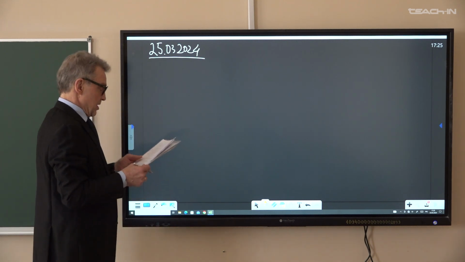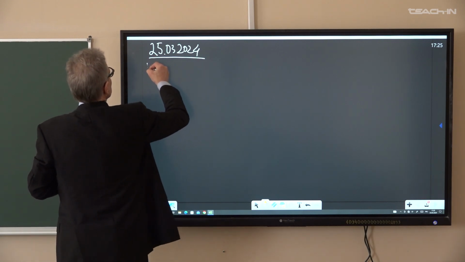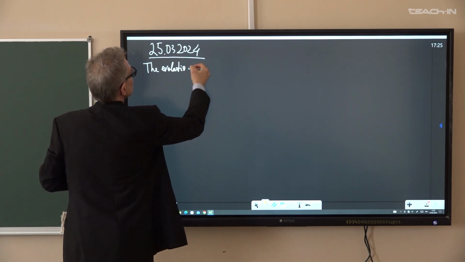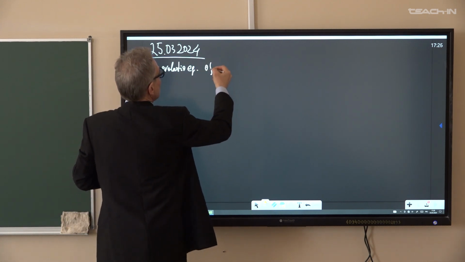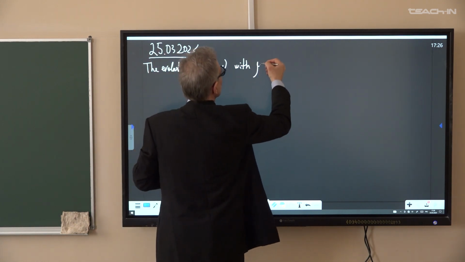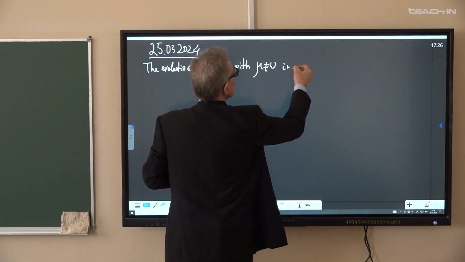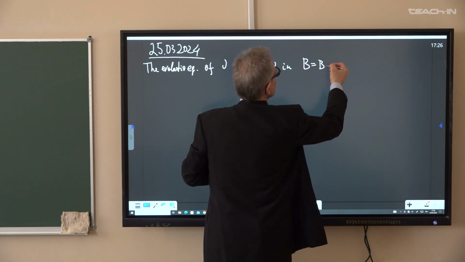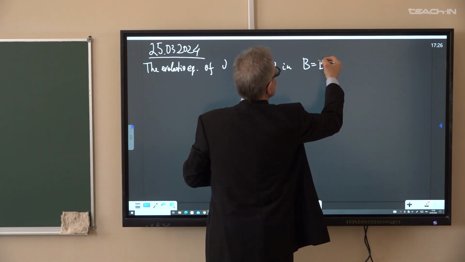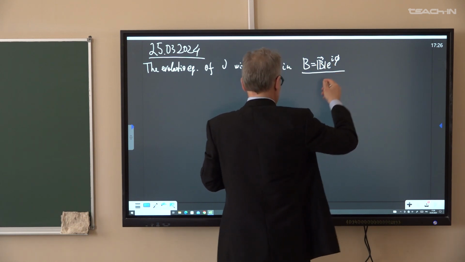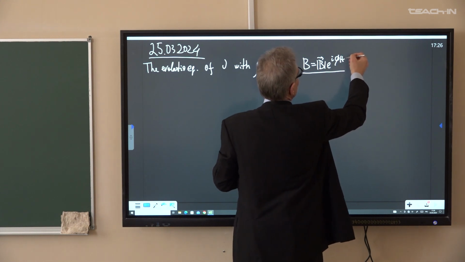for this particular case. So, the evolution equation of neutrinos with non-zero magnetic moment in twisting magnetic field, and this depends on time.